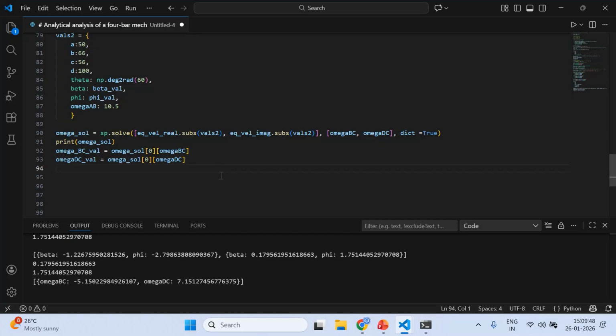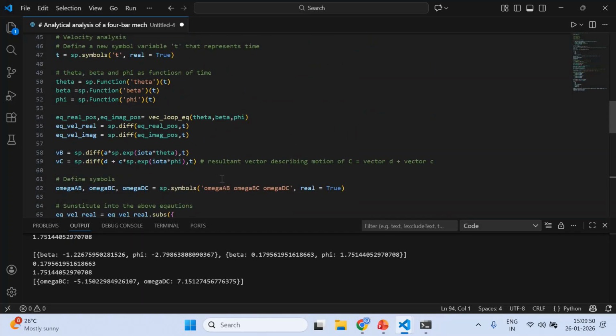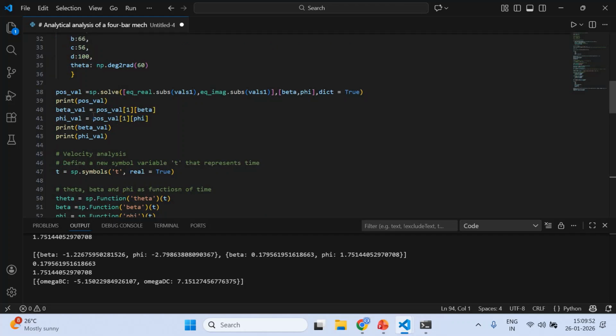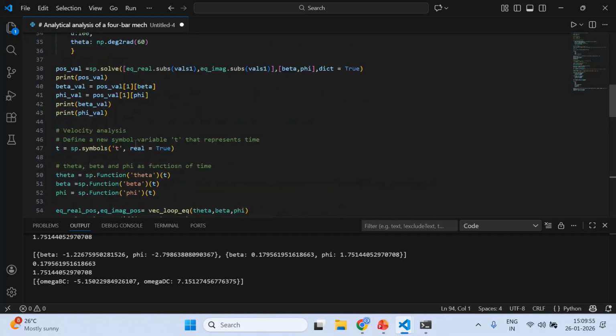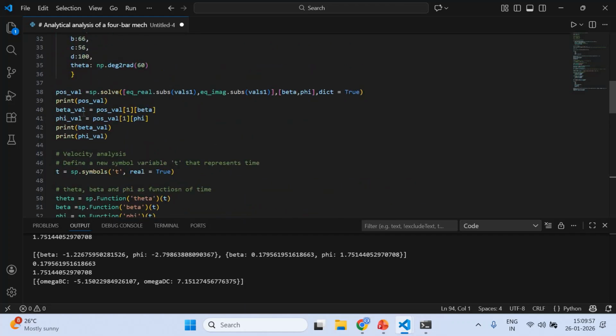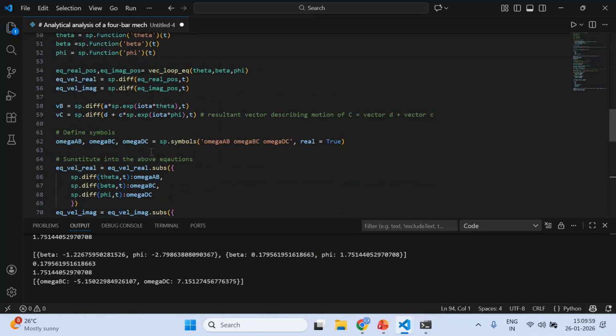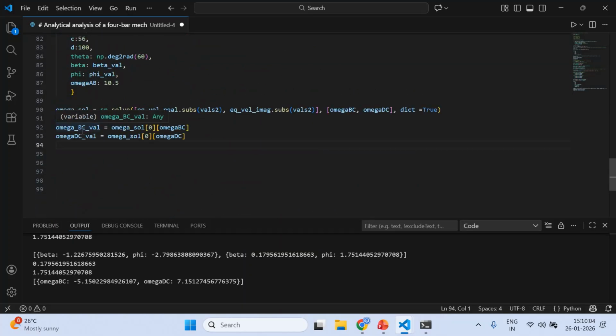Another point to note is that we already filtered and have taken the positive values of beta and phi. If you take the other values of beta and phi, you will get different values of angular velocities for the links BC and DC. So now this is done.